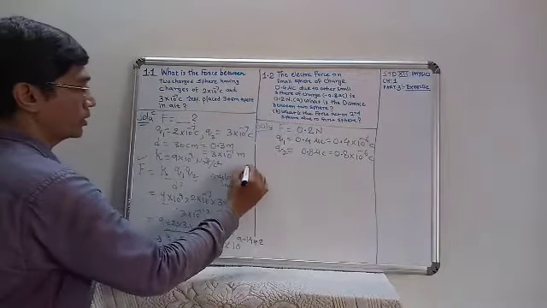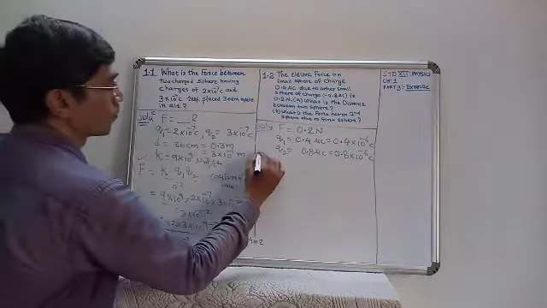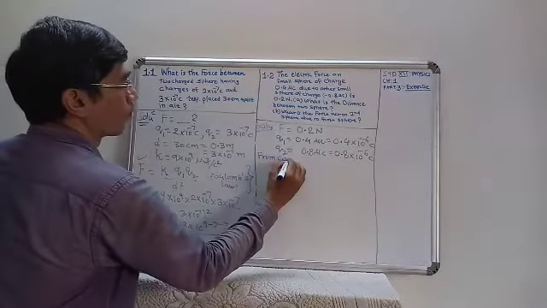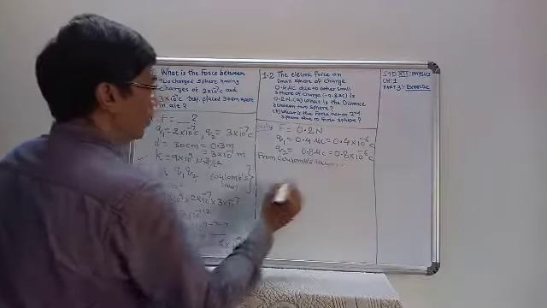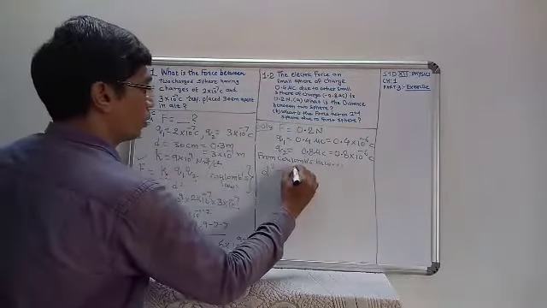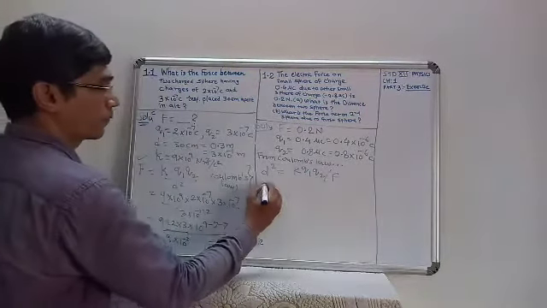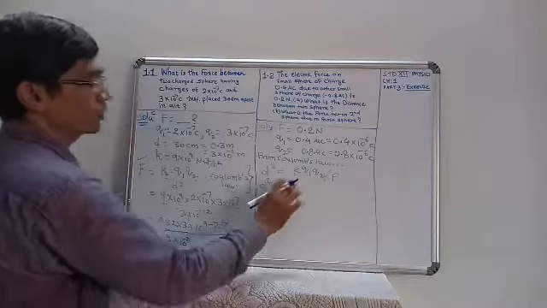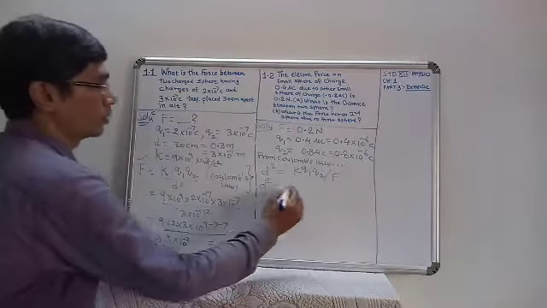By taking Coulomb's law, we can write D square is equal to K Q1 Q2 upon F. Now we are putting the values of K, Q1, Q2 and F in this equation.